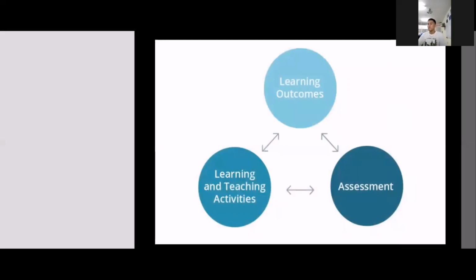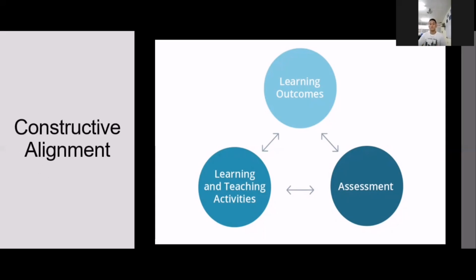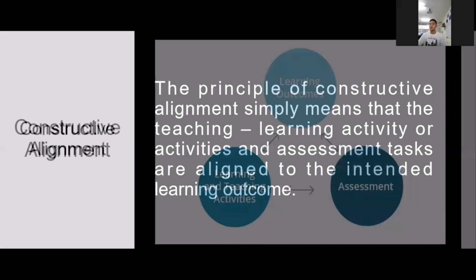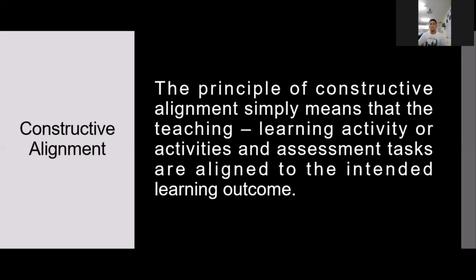And then anybody who knows or remember this illustration, the three important factors, which are learning outcomes, assessment, and learning and teaching activities. So this is what we call constructive alignment. So as we all know, the principle of constructive alignment simply means that the teaching, learning activity or the activities and assessment tasks are aligned to the intended learning outcome.